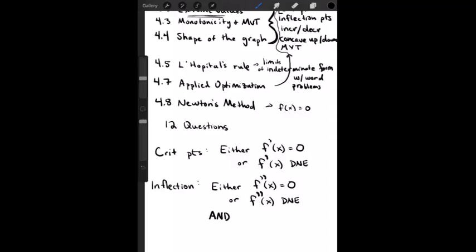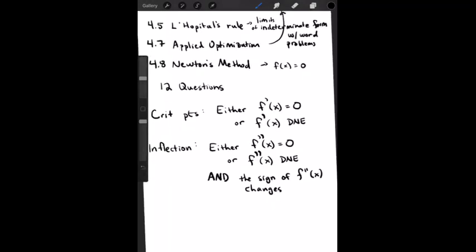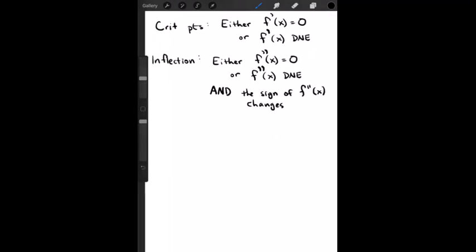And in addition, the sign of the second derivative specifically changes, not just from negative to positive, it could also go from positive to negative. So that's the crit points and inflection points.